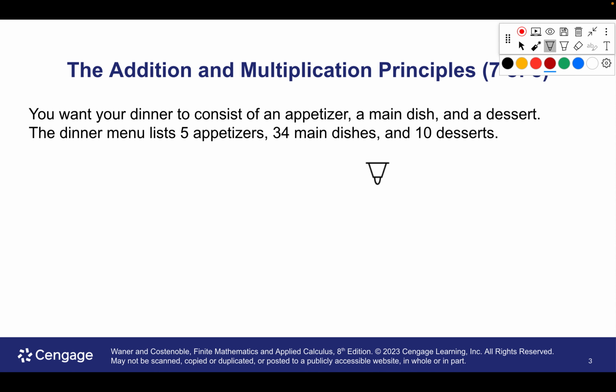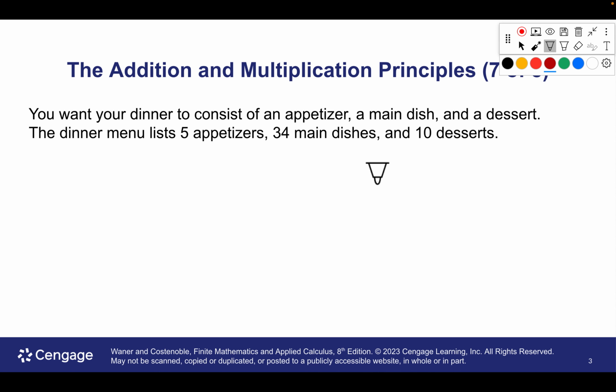Now, we'd like an appetizer because we're going to dinner, and a main dish, and a dessert. I'd like a drink too, but they didn't give us that option. So how many choices do we get to make as we lay out our 3-course meal?